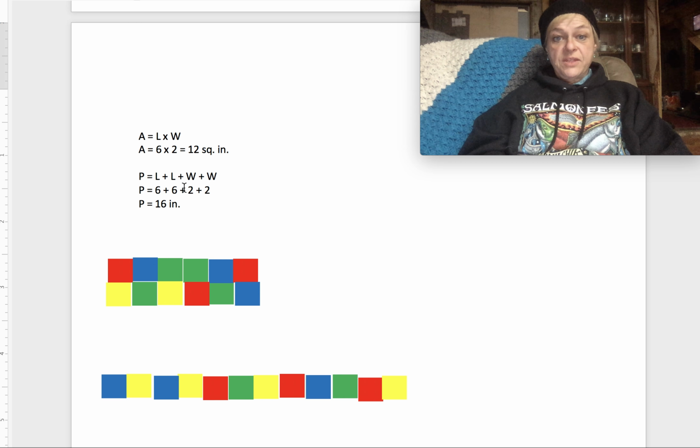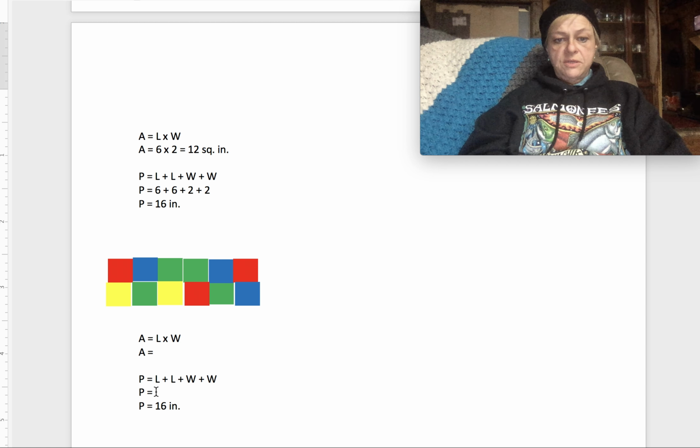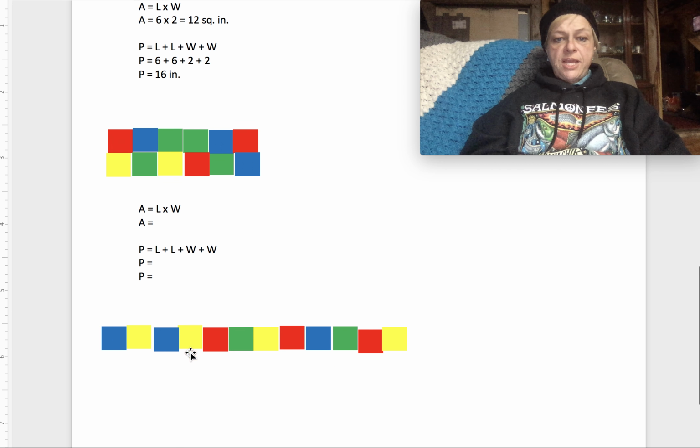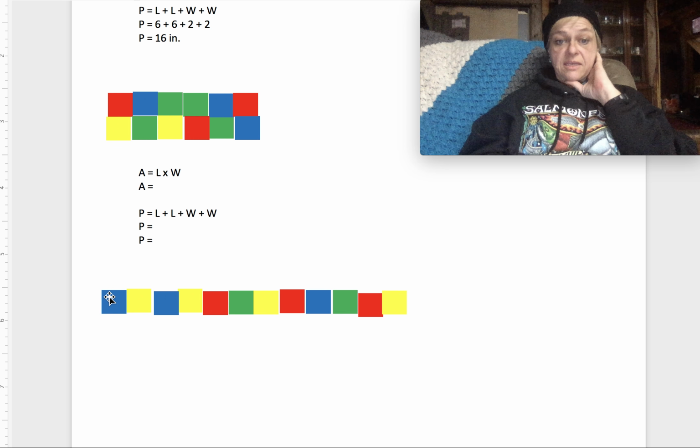There we go. So I'm just going to copy this, and I'm going to paste it down here. Of course, we're going to have different numbers. So let's get rid of those. Okay, so for this second shape, area is length times width. Well, let's find out what those measurements are. The length is 1, 2, 3, 4, 5, 6, 7, 8, 9, 10, 11, 12.